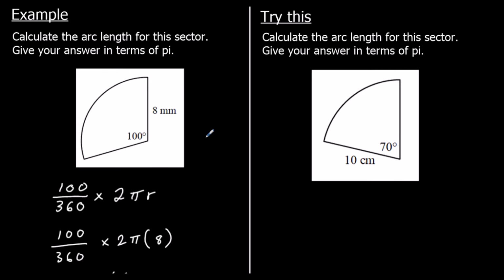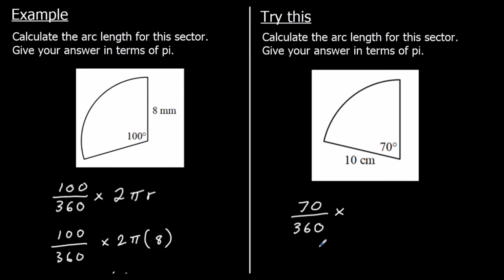Okay, one for you to try. So give this one a go. So again, we're calculating the arc length. So what fraction of the circle have we got? We've got 70 out of 360. And we're going to times that by the circumference of the whole circle.